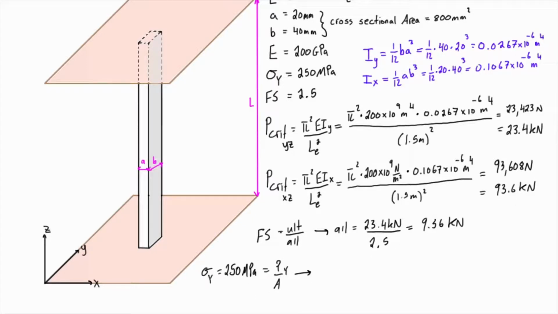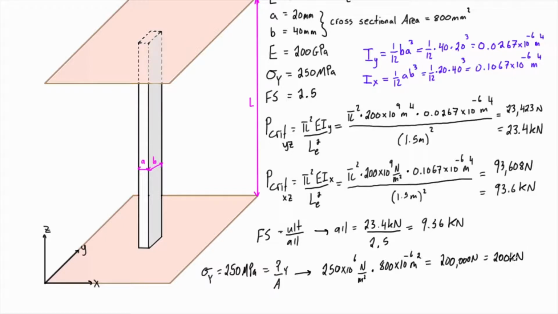We know that the cross-sectional area up here is 800 millimeters squared. So we get 250 times 10 to the 6 newtons per meter squared, that's megapascals, times our area, which is just 800 times 10 to the negative 6 meters squared, and that's going to be equal to 200,000 newtons, which is 200 kilonewtons.